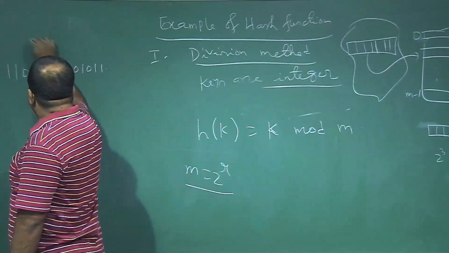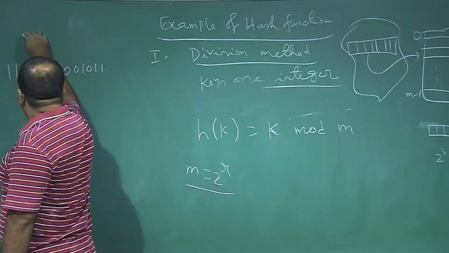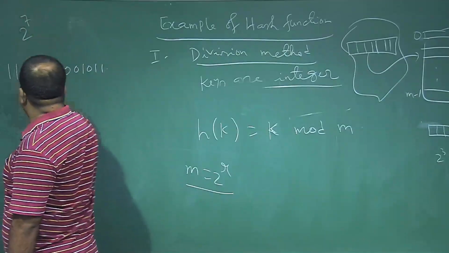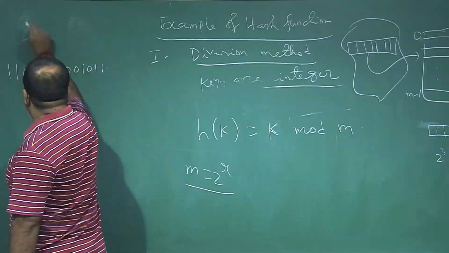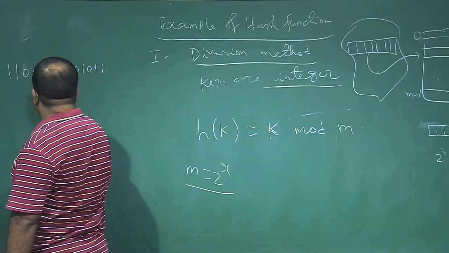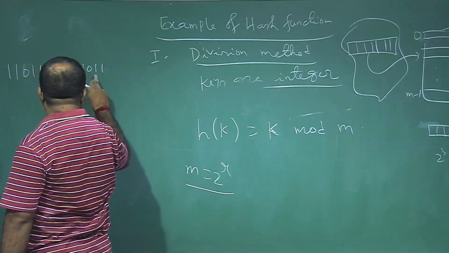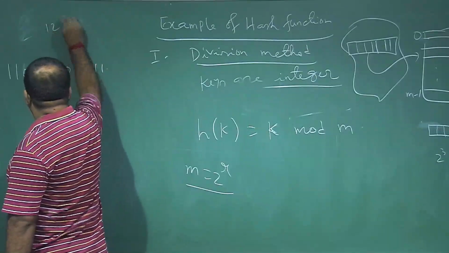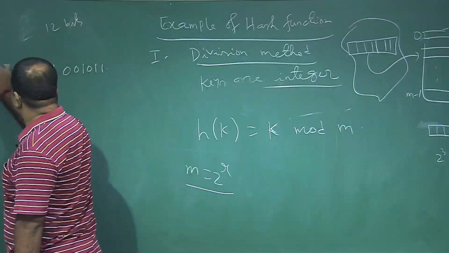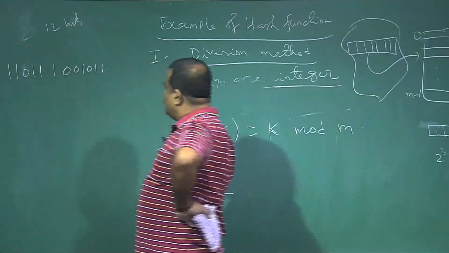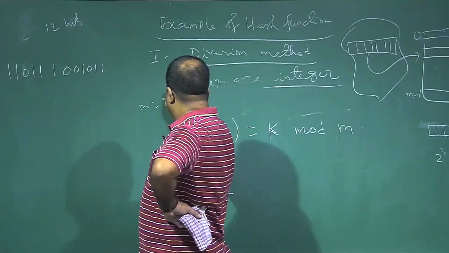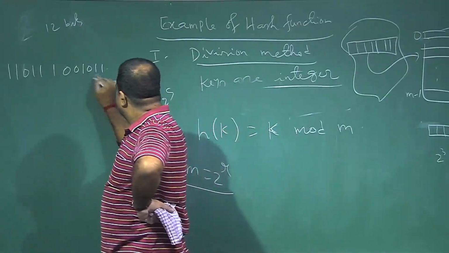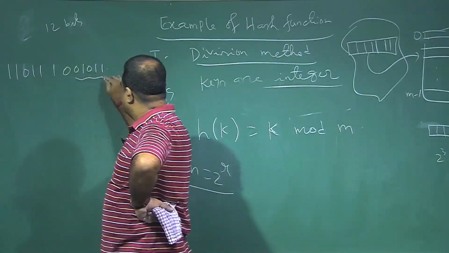Suppose each key is 12 bits. So, this is a particular key. Now, if we choose m equal to say 2 to the power 5, 2 to the power 5 means 1 2 3 4 5, these bits.